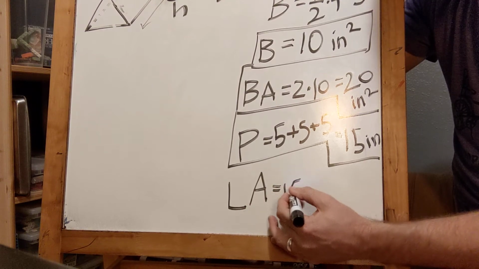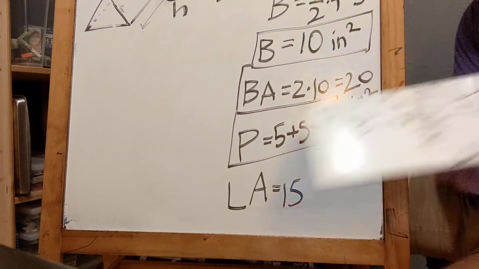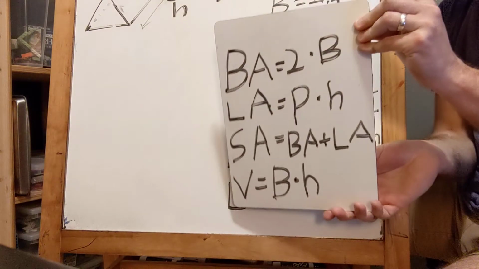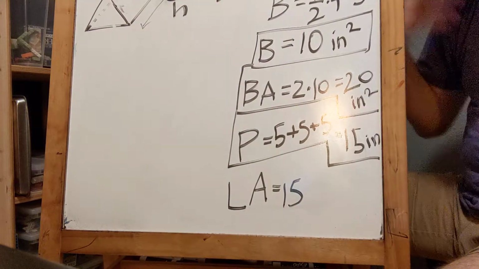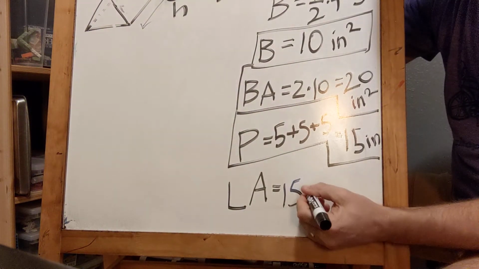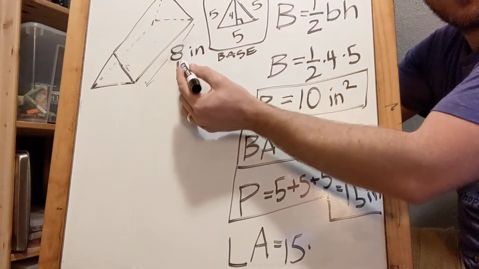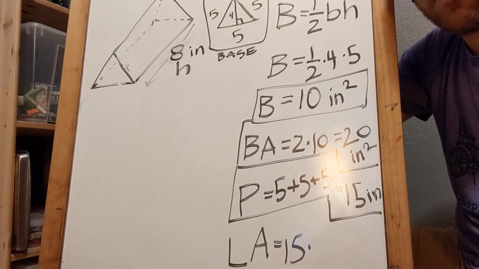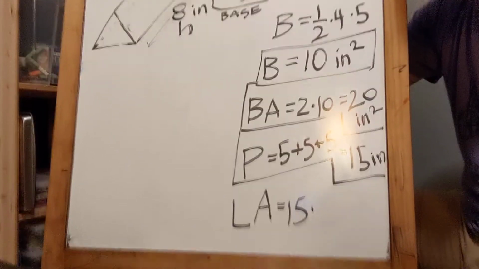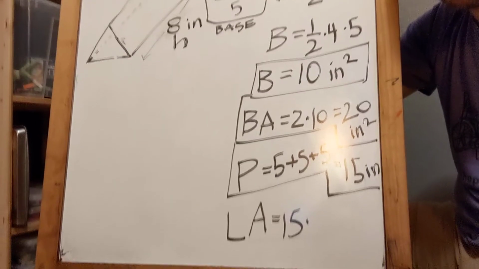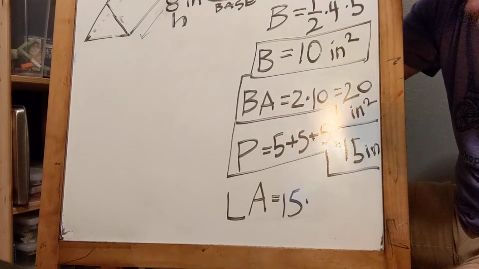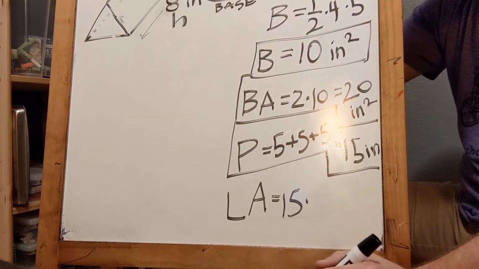And then lastly, I'll go ahead and use the perimeter to find the lateral area, which is perimeter 15. Remember, perimeter times height. Perimeter 15 times, now we're jumping over to my other height, 8. I know it's a little confusing, but if you keep it separate, when am I calculating something about the base, and when am I calculating something about the whole figure?